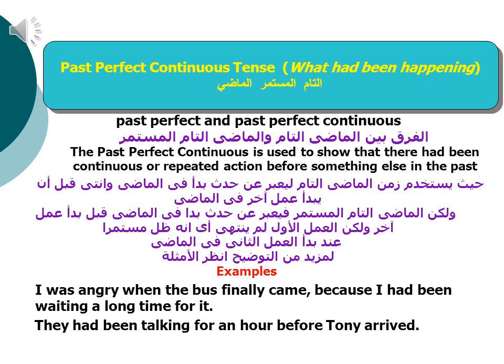And we have two examples here for you, right at the bottom of the slide. I was angry when the bus finally came because I had been waiting a long time for it. The second example, they had been talking for an hour before Tony arrived. Now, please read the explanation in Arabic if you want to.